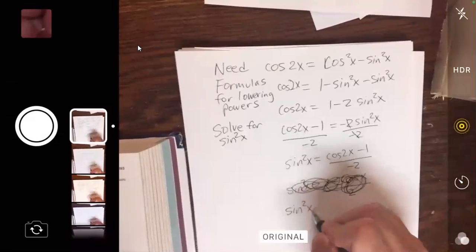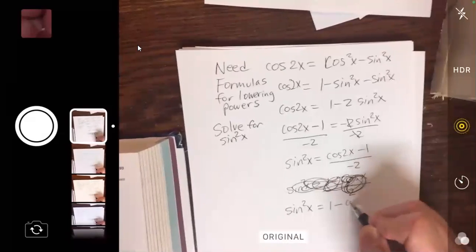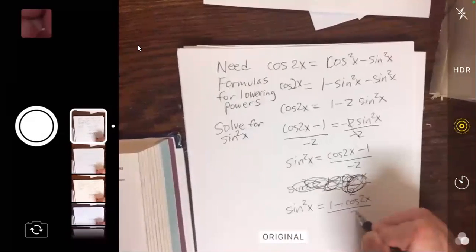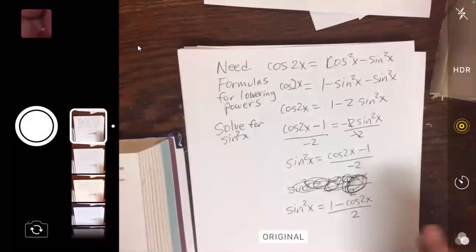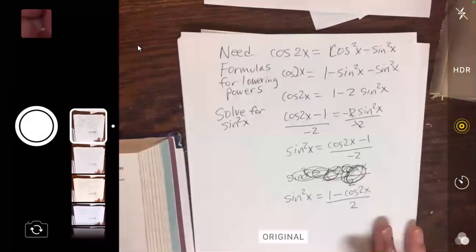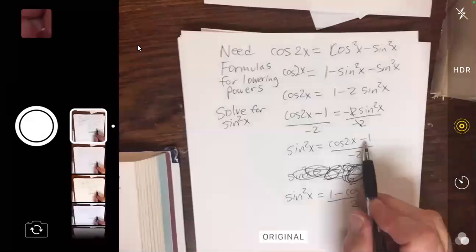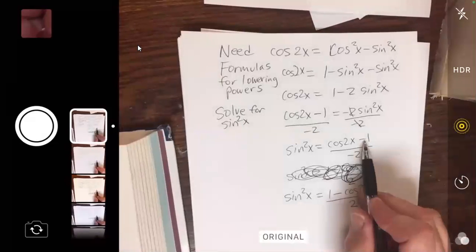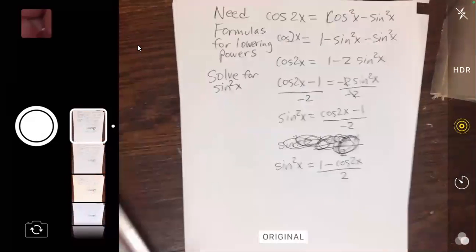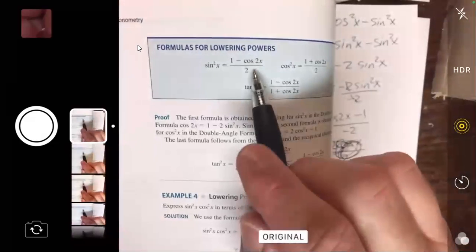Sine squared of x would be 1 minus cosine of 2x divided by 2. Your negative makes the 1 turn positive, and then you'd have a negative on the cosine, so they switched it around, write the positive first, and that is your first version of this.